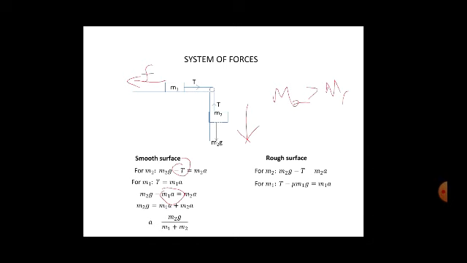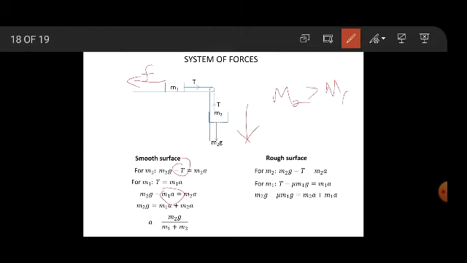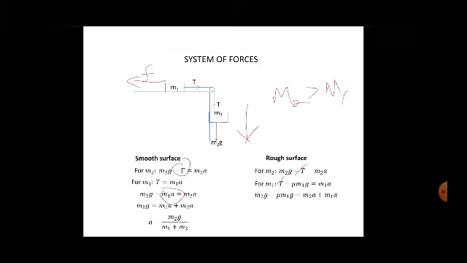Now, if I add the two equations together, minus T plus T is 0, so I'm left with M2G minus mu M1G equal to the right-hand side, M2A plus M1A.